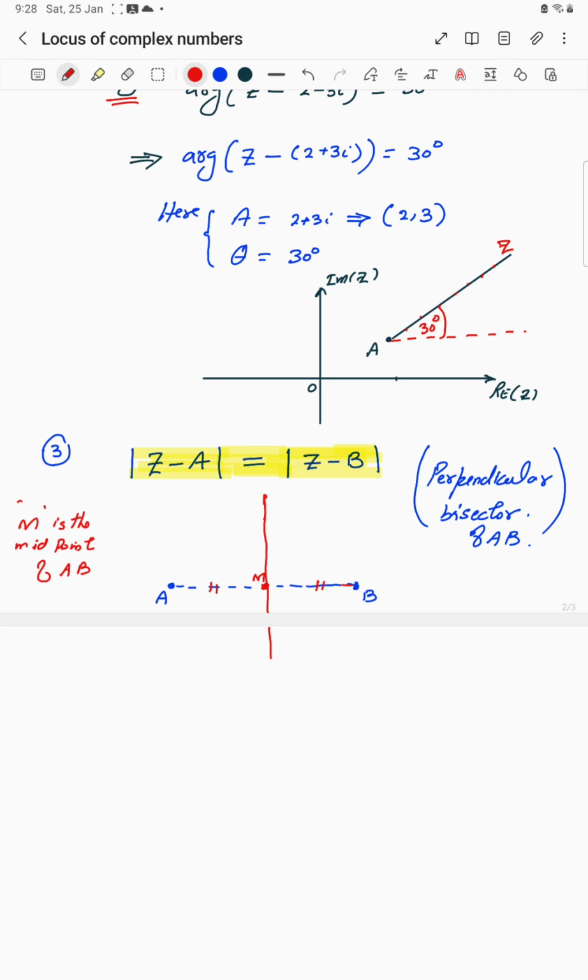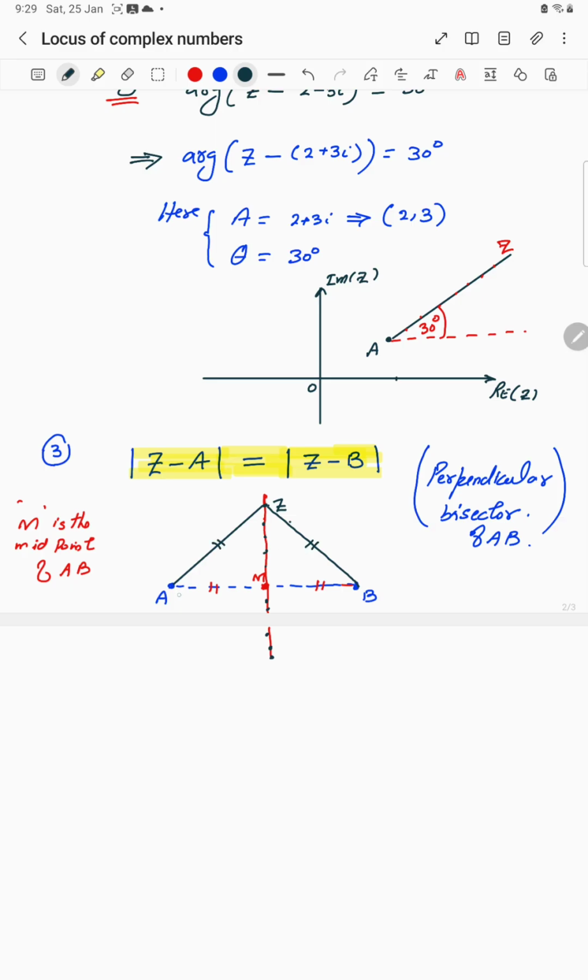And as z is lying anywhere over this perpendicular bisector line, it can be anywhere on this line. Suppose z is here. If you join A with z, it will be the same as B with z, so this distance must equal this distance.